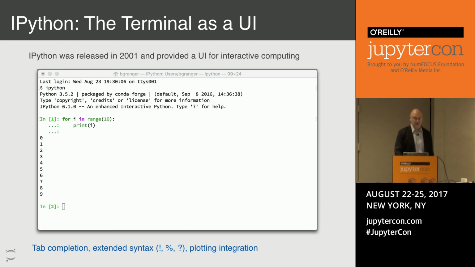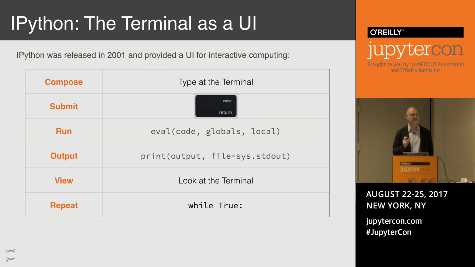A great example of a user interface for interactive computing was the original IPython that Fernando talked about today in the keynote, which came out in 2001. Again, it provided all these fundamental building blocks for interactive computing. In addition, it provided things like tab completion, extended syntax, and plotting integration. And let's think about how the terminal is a user interface.